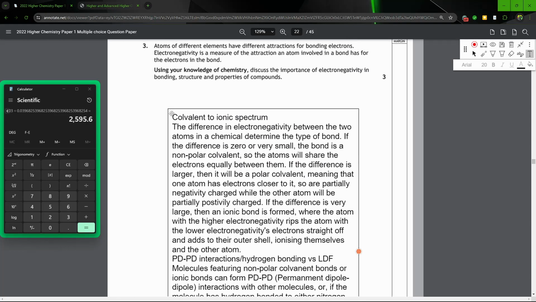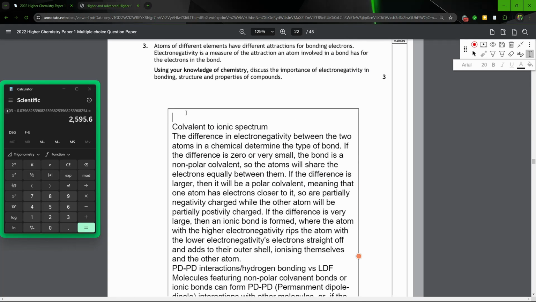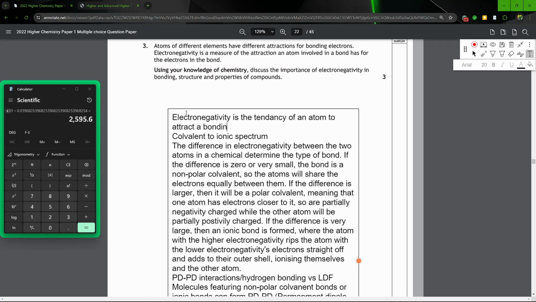So actually, let's go at this top here. I'm just going to say electronegativity is the tendency of an atom to attract a bonding pair of electrons.